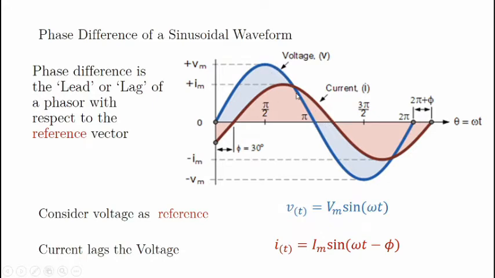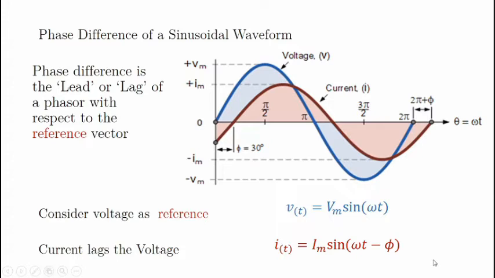That is, the current only crosses the reference axis or the zero crossing after a particular angle phi. So we can say that the current lags the voltage, and so the equation is written as V equal to Vm sin omega t for the voltage wave which is the reference, and the current lags the voltage, so I equal to Im sin (omega t minus phi).